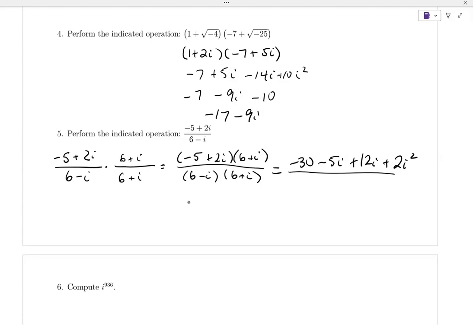Good. Everybody okay with that part? What do you get when you multiply out the bottom? Yep. Okay, so notice in the middle terms you'll have a plus 6i and a minus 6i. Those will go away. And then minus i times plus i gives a minus i squared.